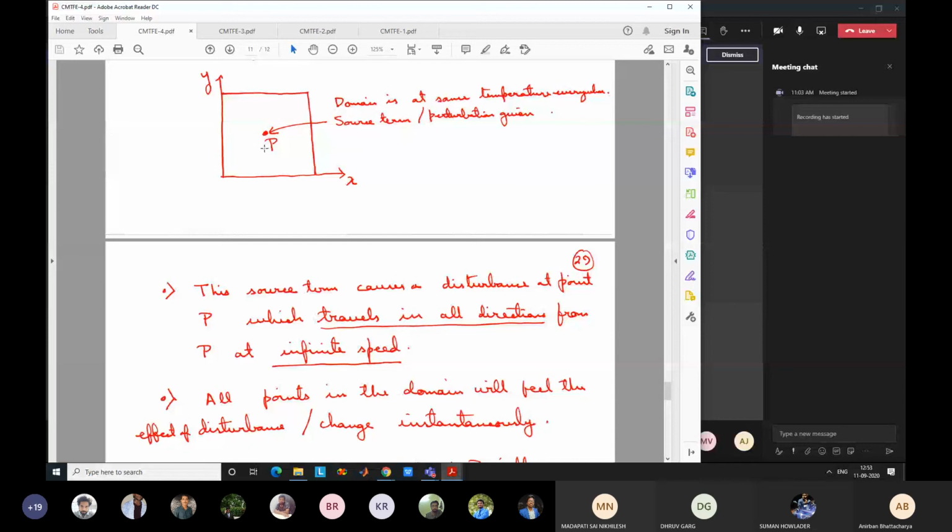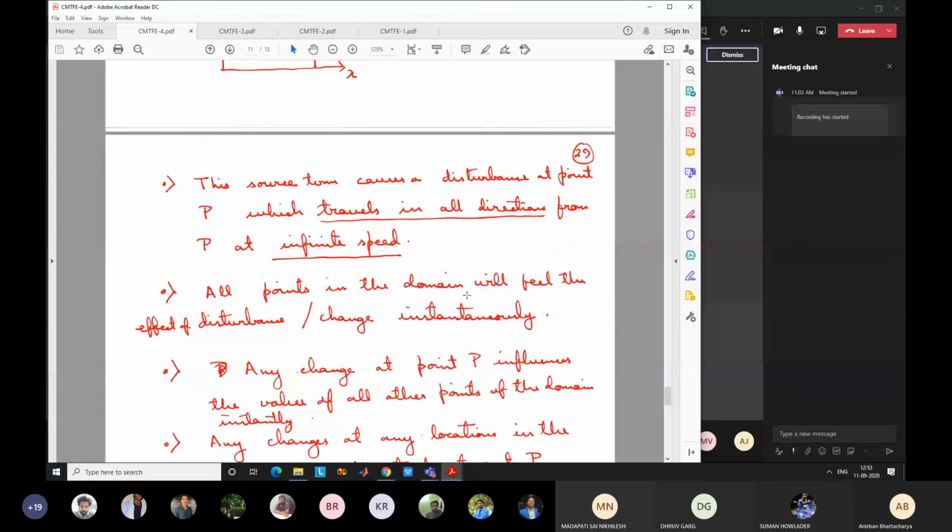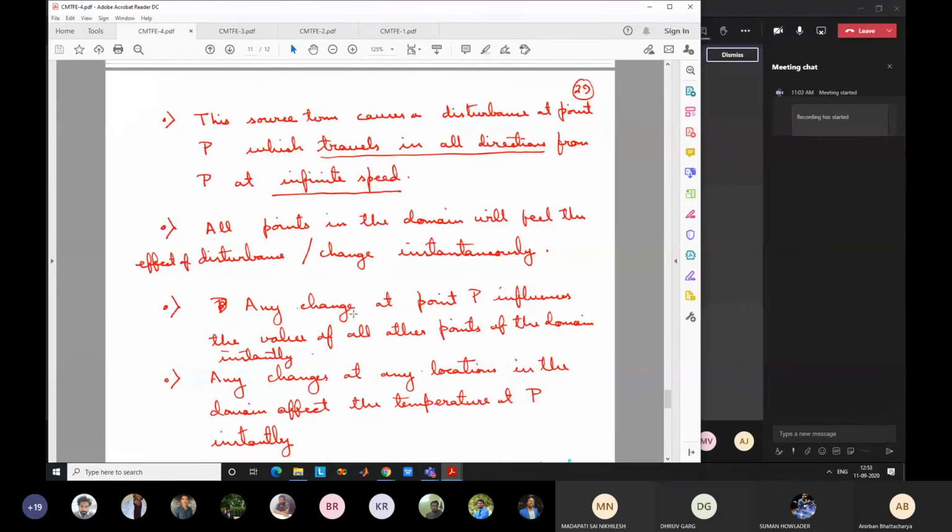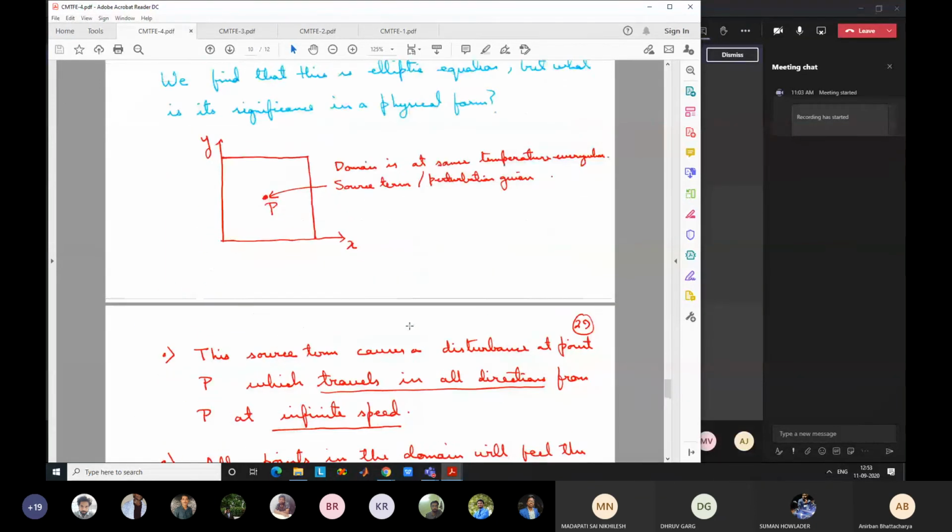All the points in the domain will feel the effect of the disturbance instantaneously. Another important point is that any change at point P influences the value, in this case the temperature, at all other points of the domain instantly. So if I change the value of temperature here, all the other points also should change.